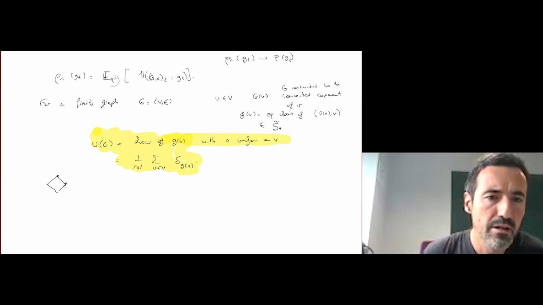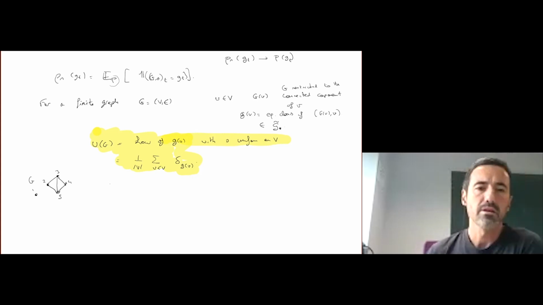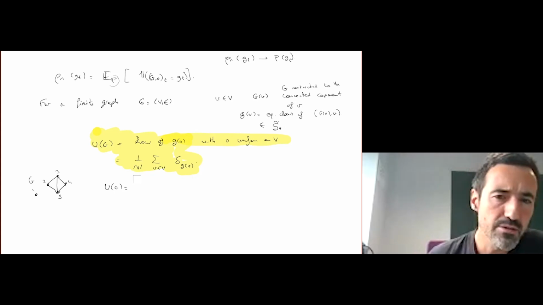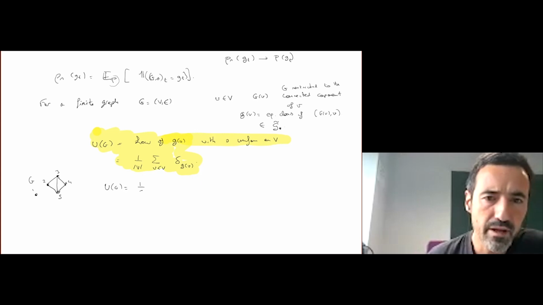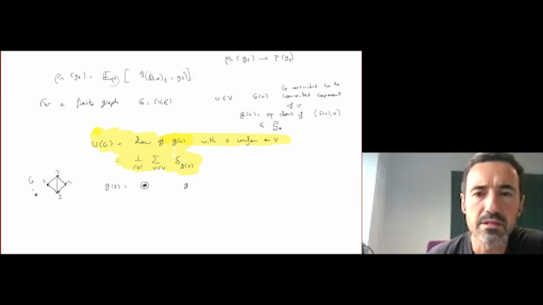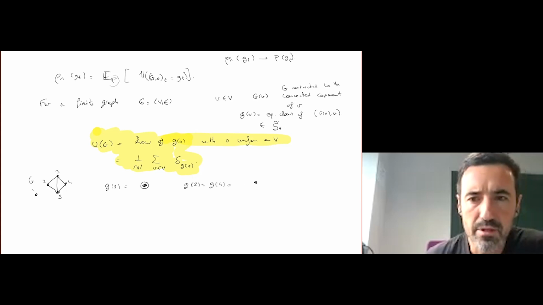Before going further, let's make an example to be sure that everybody has understood. Let's assume that my graph is this G, a labeled graph with some vertices. What is U of G? It is 1 over 5 times the sum. What is G of 1? G of 1 is this graph. G of 2 is equal to G of 4, and I can represent it this way.